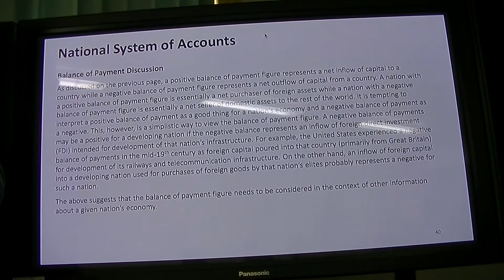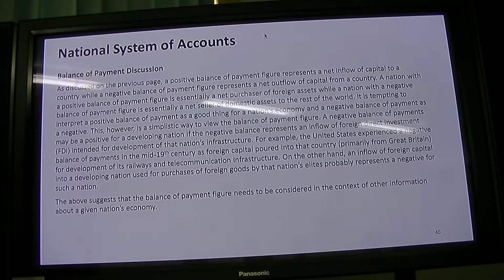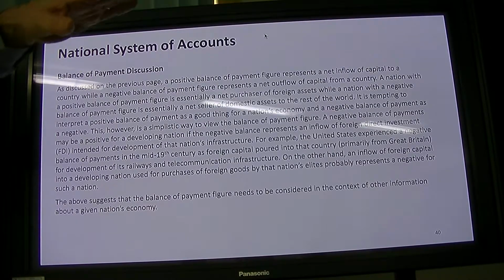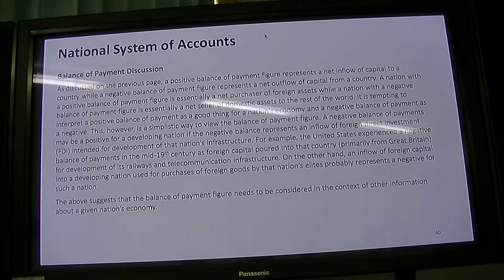Capital flows, if capital is flowing in or out of a country, the net exports, the current account, the structure of that, does it matter towards overall wealth? What we're going to focus on is that big picture, the bottom line of balance of payments. So we're going to look at that globally.